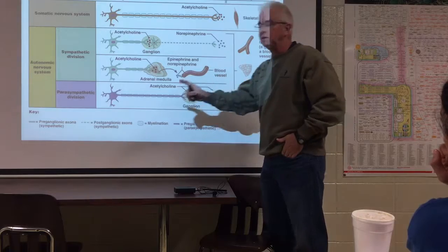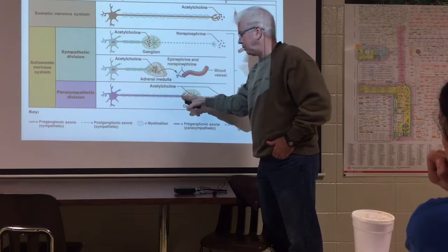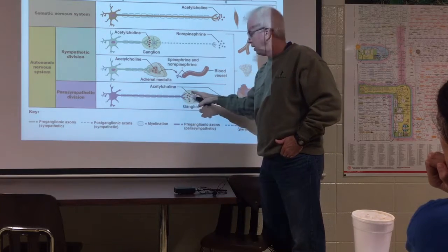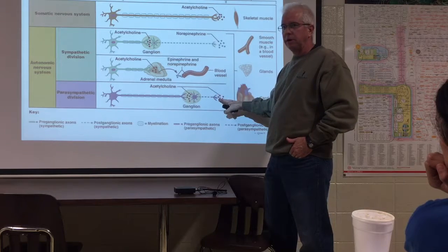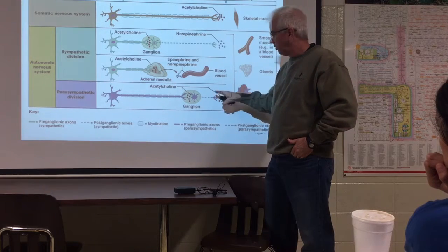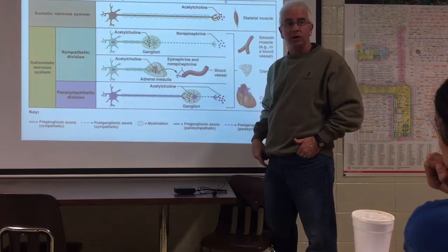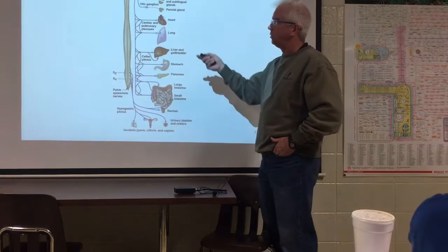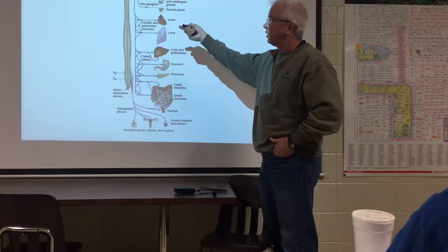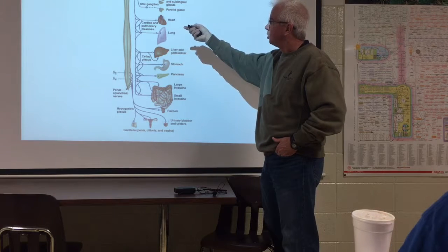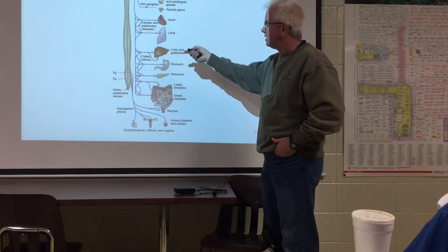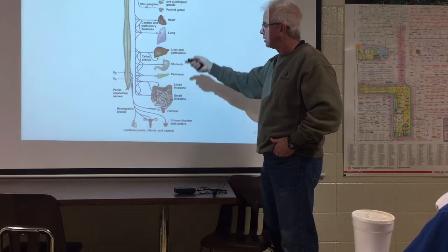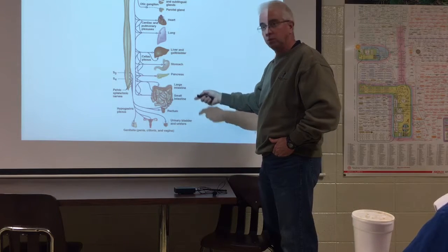I said, generally speaking, preganglionic parasympathetics are long, postganglionic parasympathetics are short. The ganglia are at the targets. So that model is actually modeled after this one, cranial nerve 10. So look at what cranial nerve 10 has the capacity to influence.